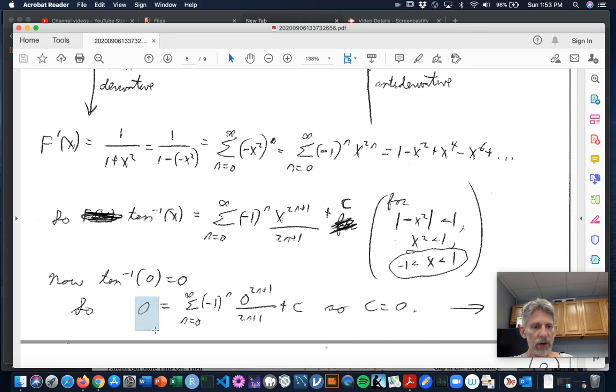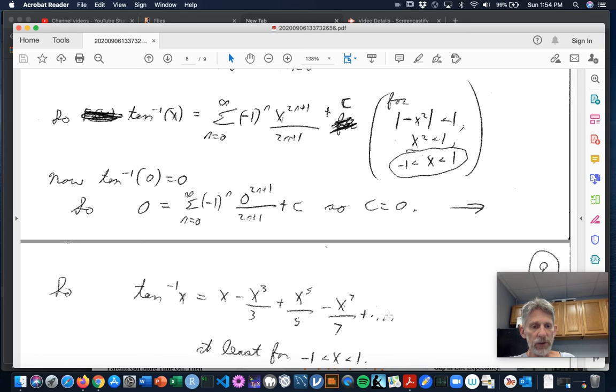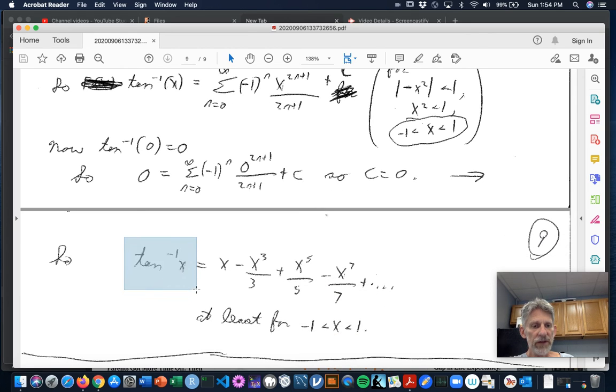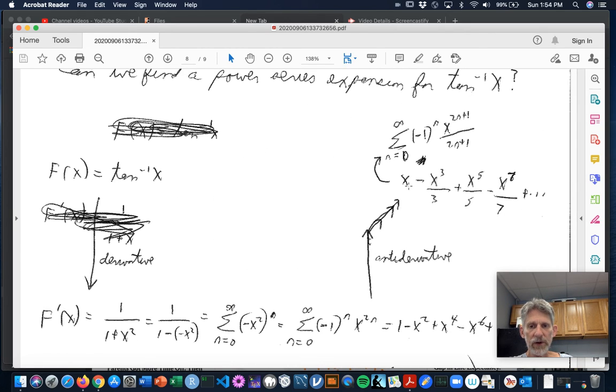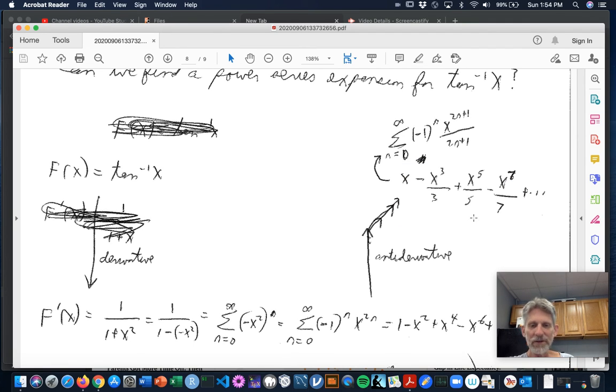So I got 0 on the left, and I got the infinite series where the x is 0, and I got my plus c hanging around. Well, that whole infinite series is just a bunch of zeros, so it's 0. And so I get the equation c is 0. So now I can say it for sure. Inverse tangent of x really is that power series that I got by taking the antiderivative of the derivative.